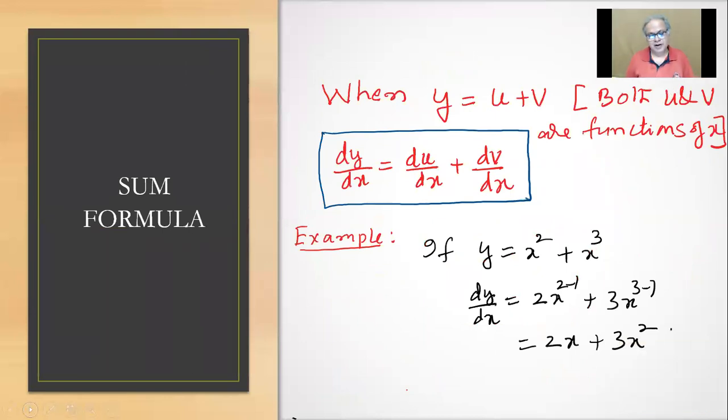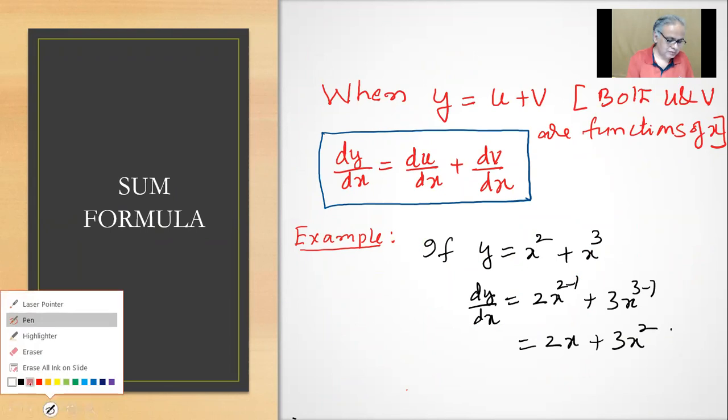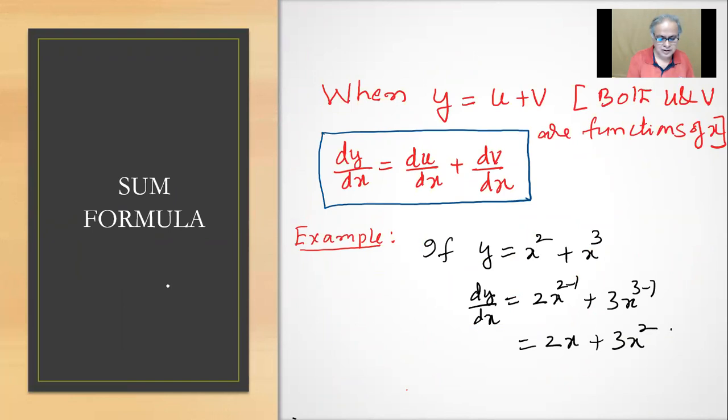Look, until now we have a single function, y equals x to the power n. That means y equals x square may be an example. But I may have even y equals x square plus x cube, right?